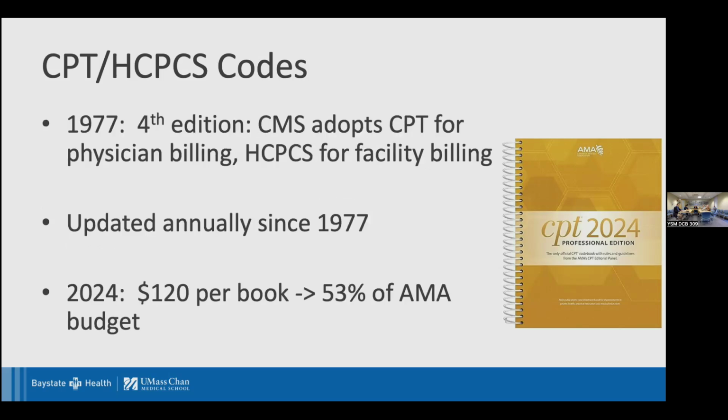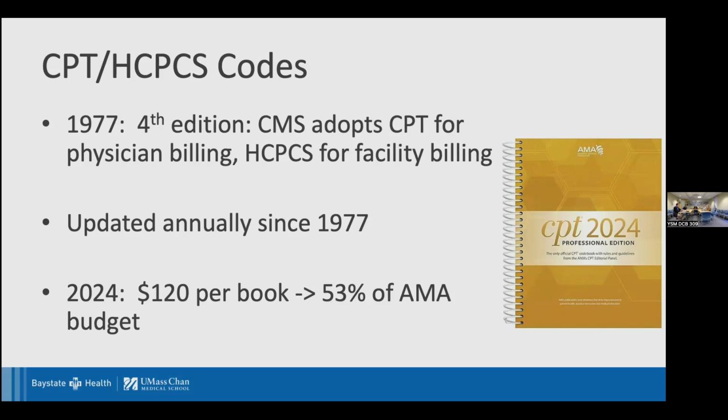Momentum really picked up in 1977 with the fourth edition. CPT coding was never intended for anything other than documentation and research purposes, but the Center for Medicare and Medicaid Services in 1977 said, hey, we could use this for billing too. And so they created two parallel systems, CPT for physician billing and HCPCS for facility billing.